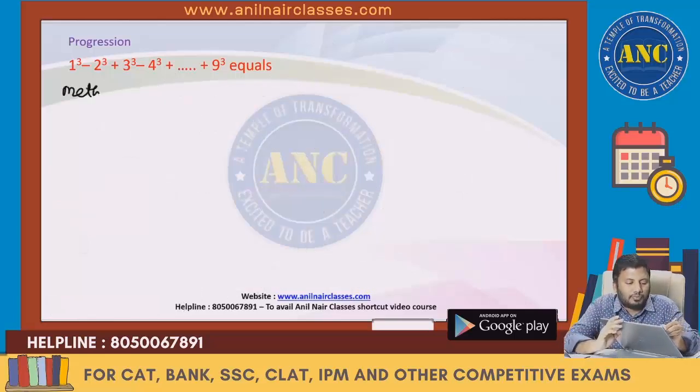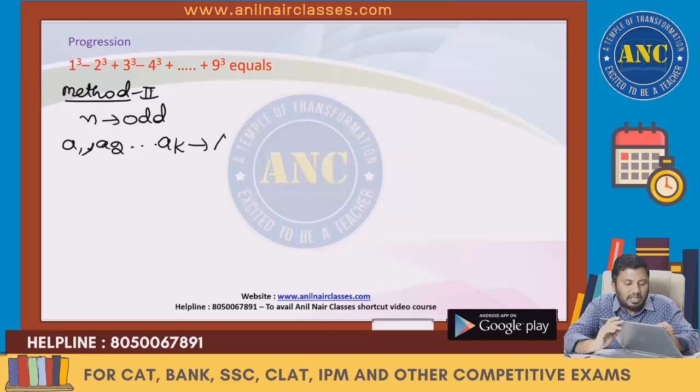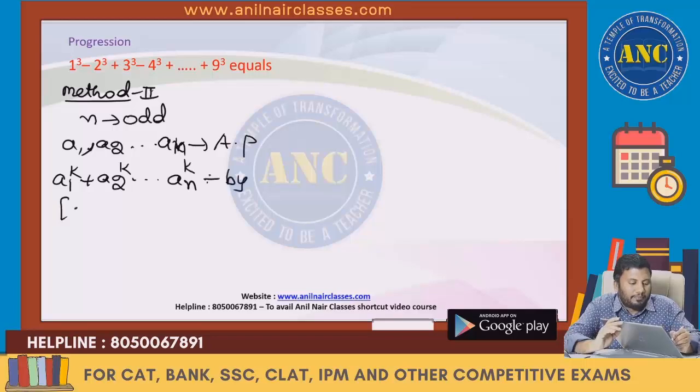Method 2. Now see here, if n is an odd number, and a1, a2 and so on up to an are in arithmetic progression, then a1 power k plus a2 power k and so on up to an power k is divisible by a1 plus a2 and so on up to an.